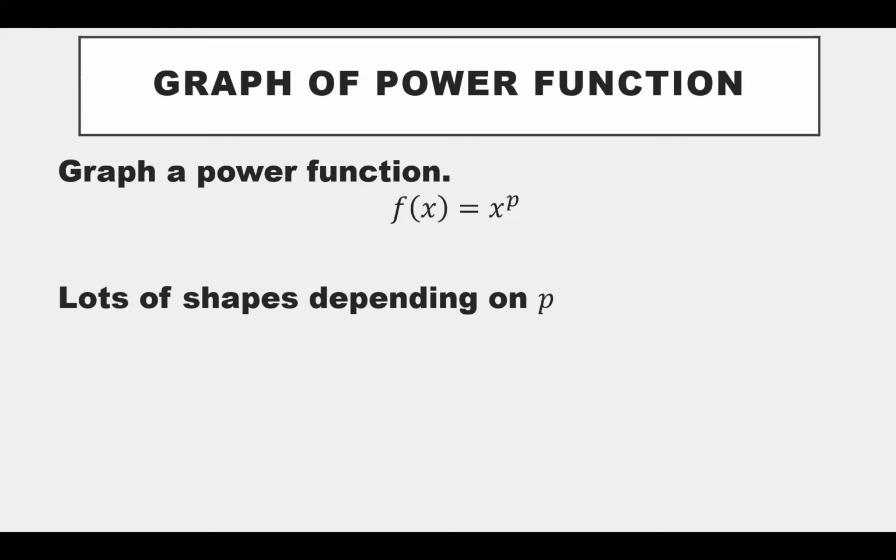In fact, let's turn to Desmos and investigate some of those shapes. Notice, by the way, I left off the coefficient of k. I'll put that in just so you see what that does in a moment. But let's investigate these types of graphs.